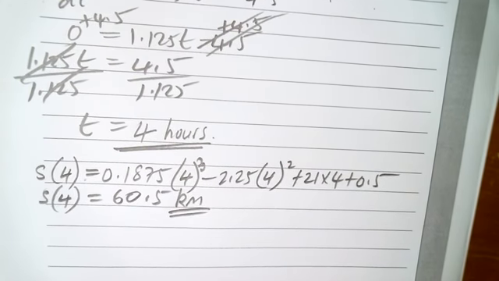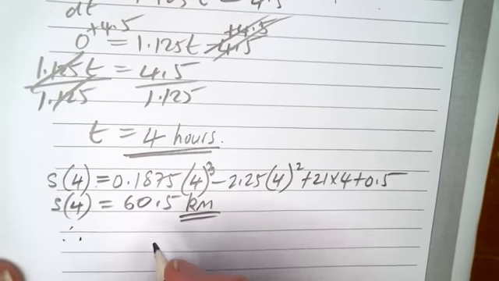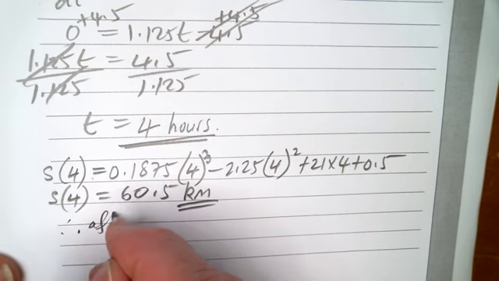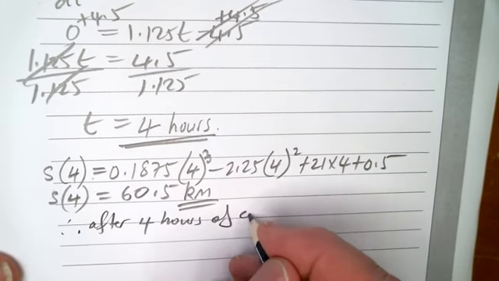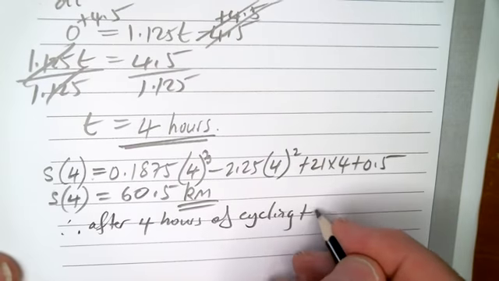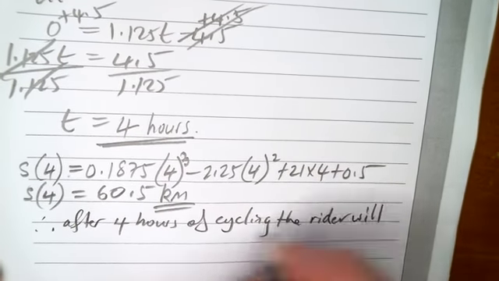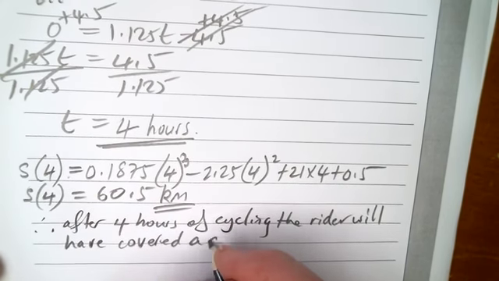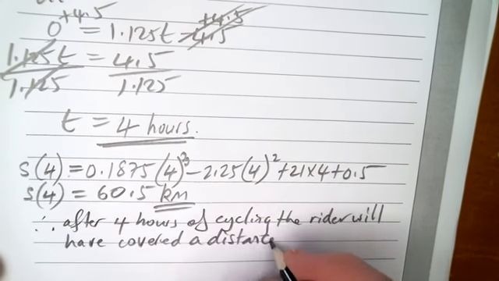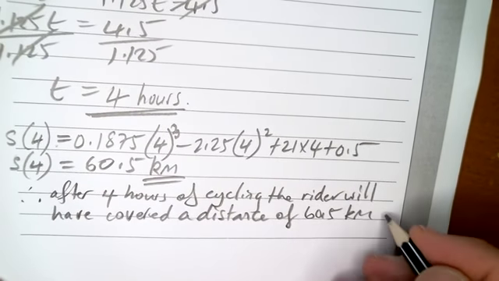You do need, I'd say, a context statement now. You want to say something like, therefore, after 4 hours of cycling, the cyclist will have covered a distance of 60.5 kilometers.